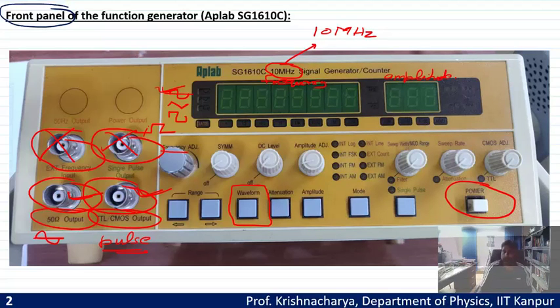That means any signal generated by this function generator which is below or equal to this particular frequency, you can trust the output. If you take a signal whose frequency is larger than this one, you have crossed its band, this upper cutoff frequency.